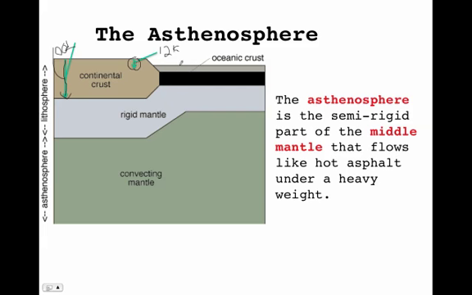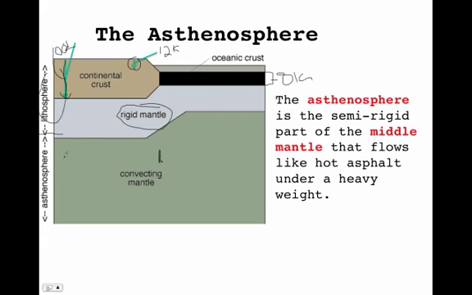Here's the ocean, and underneath the ocean, the oceanic crust, which is about 8 kilometers, obviously varying. And then we have a rigid part of the mantle and then a liquid part of the mantle. So this whole solid, which includes the rigid mantle and the crust, we call that the lithosphere.